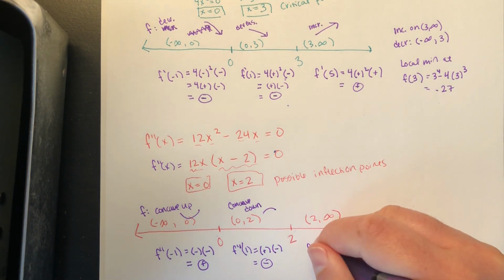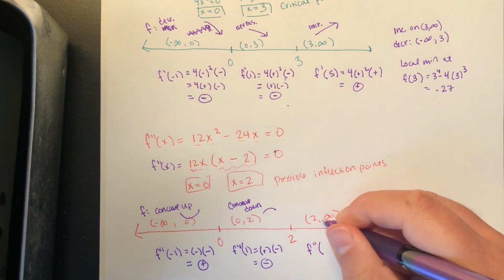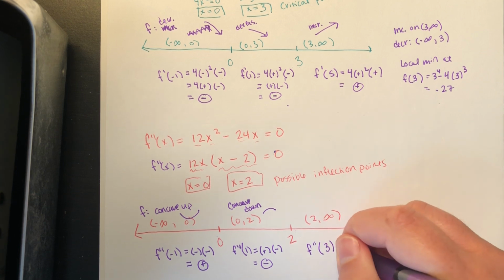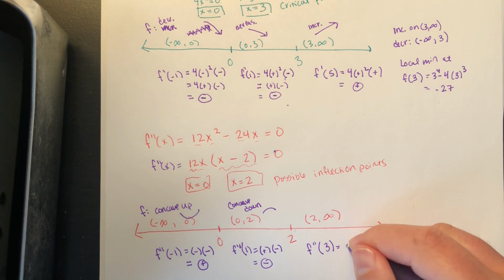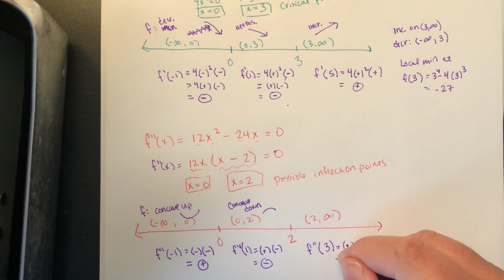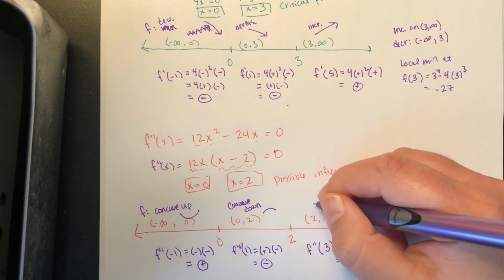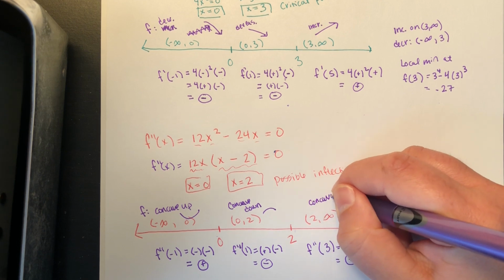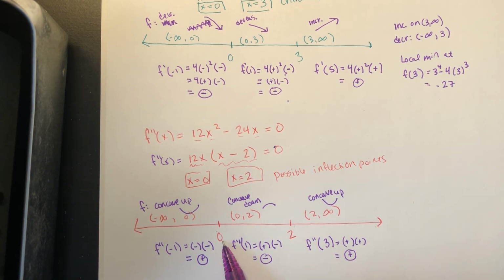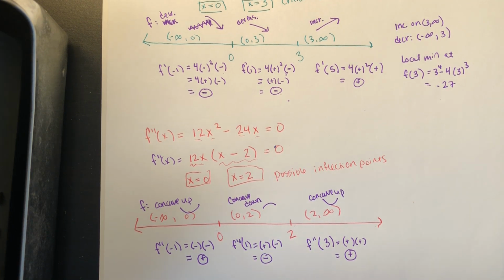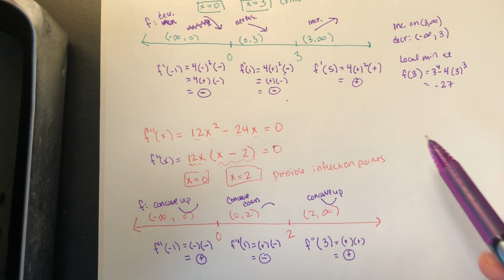And finally, f double prime of, let's say, 3, which is in this last interval, is going to give us 12 times 3 is positive, and 3 minus 2 is positive. A positive times a positive is positive. So we're concave up on this last interval. This is determining that both of these x values are x values of inflection points because the function does change from concave up to concave down and then down to up at those points.